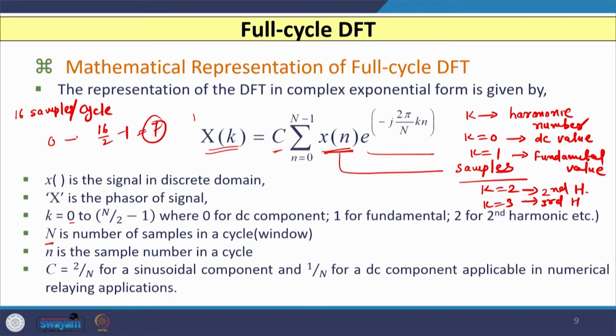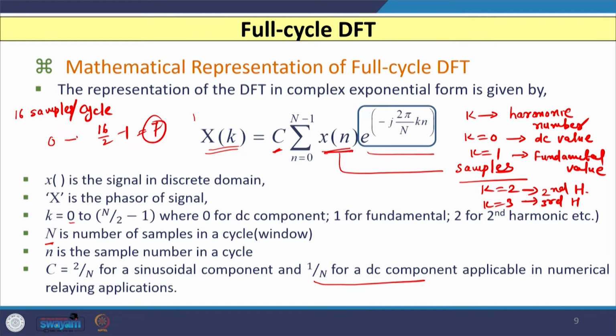Small n is the sample number in a cycle, whereas capital C is a constant. For any sinusoidal component its value is 2 divided by N, and for any DC component C is equal to 1 upon N, and this is fixed for all numerical relaying applications.